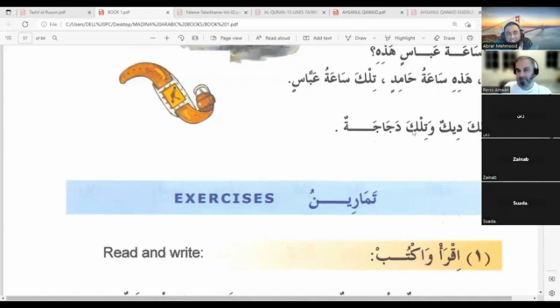Dalika Dikun. Okay, let's try this word by word, right? So Dalika, what is Dalika? That. Dikun is rooster. That is rooster, and Tilka, that is that. And that is the Dajajatun, chicken.